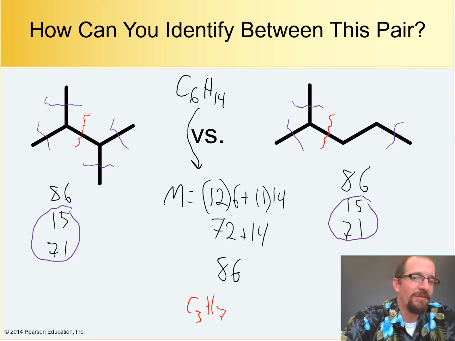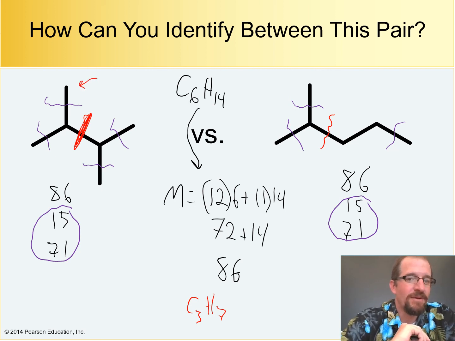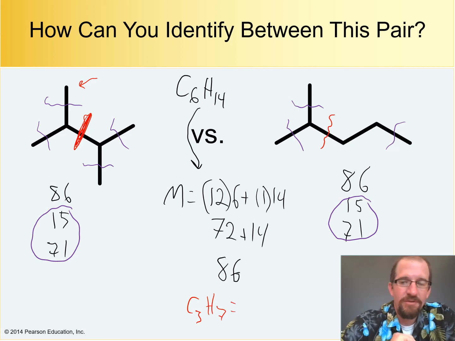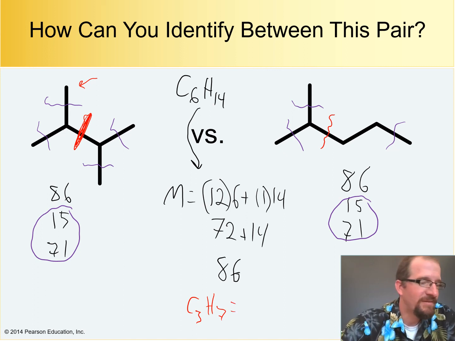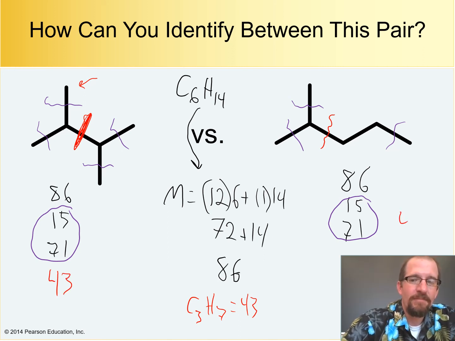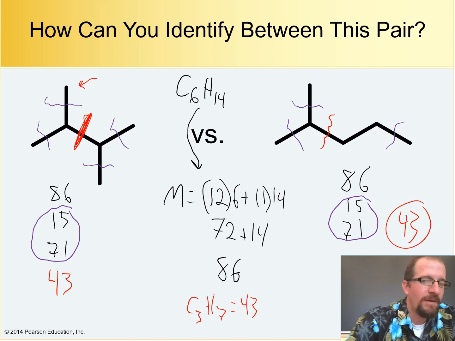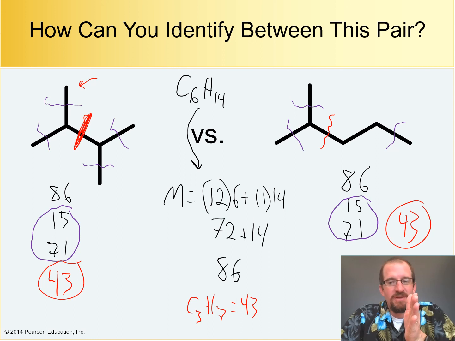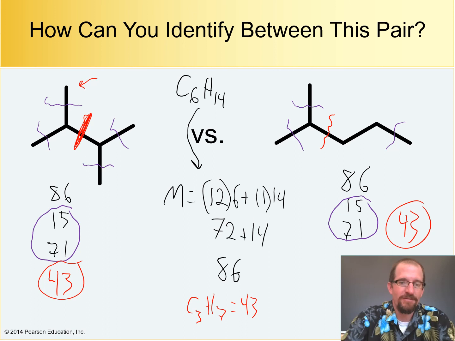If you cleave this bond, that is C3H7, so 3 times 12 is 36, plus 7 is 43. So both of these would have a mass of 43. Usually you look at either side, but on both sides it's a propyl group. So that doesn't do anything different.